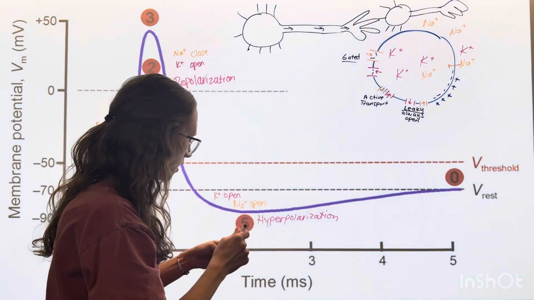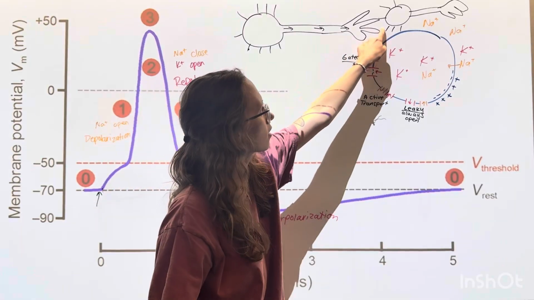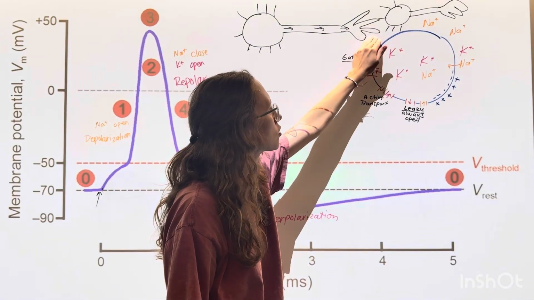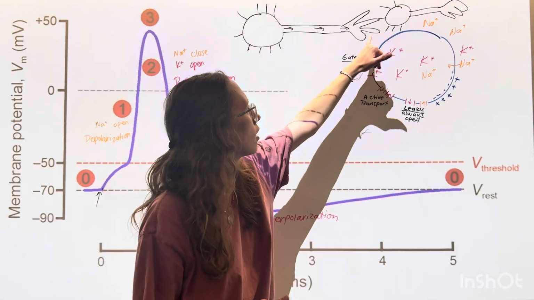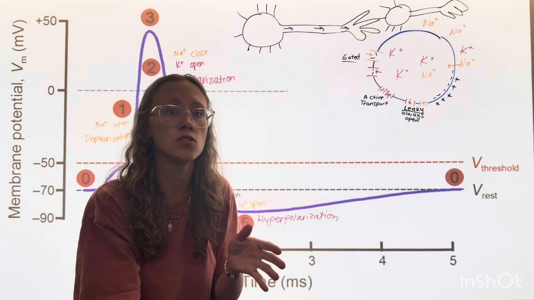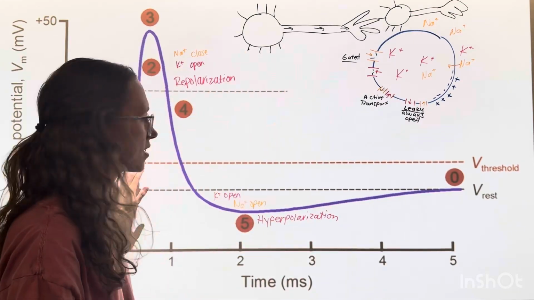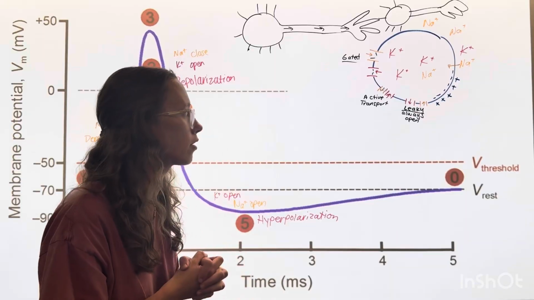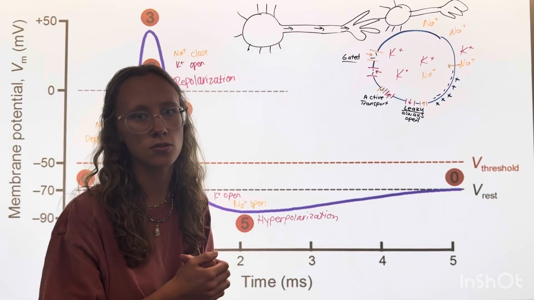Great drawing there. And it's going to cause this whole process to happen again. So these neurotransmitters that are released in the neuron synaptic terminal are going to communicate with the dendrites of the next neuron, causing this whole process to happen again. So this is how two neurons are really communicating with one another, through graded and action potentials.